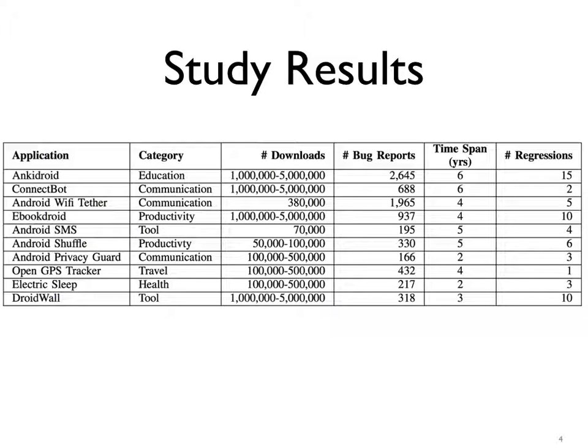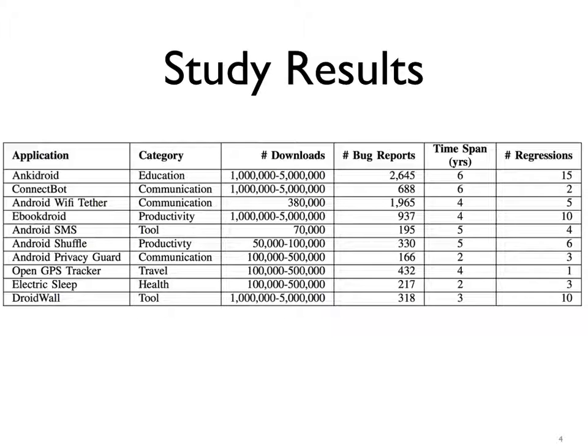These 10 apps, chosen from 6 categories, have 2 to 6 years of history, and all of them have more than 50,000 downloads. All of these apps have more than 100 bug reports, and some of them have over 2,000 bug reports. By manually reading and analyzing each bug report, we found that regression bugs do exist in these apps.